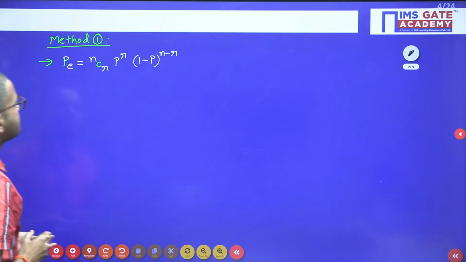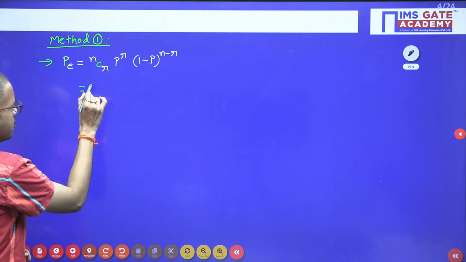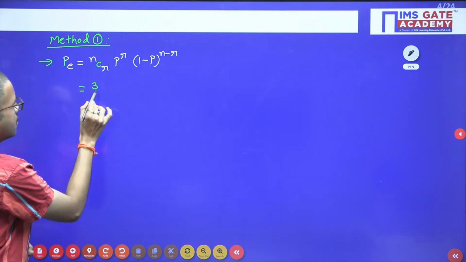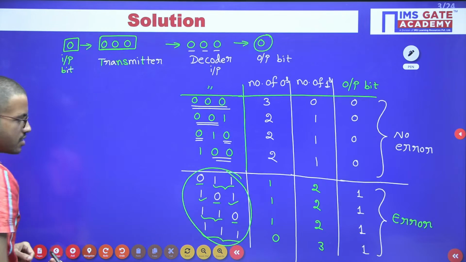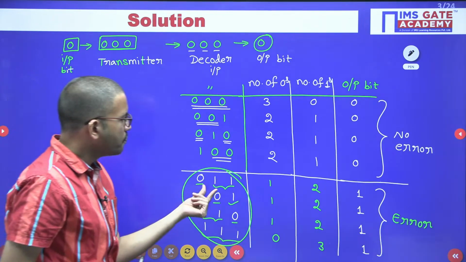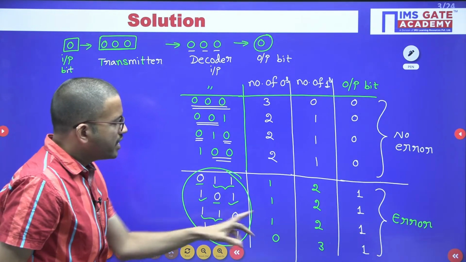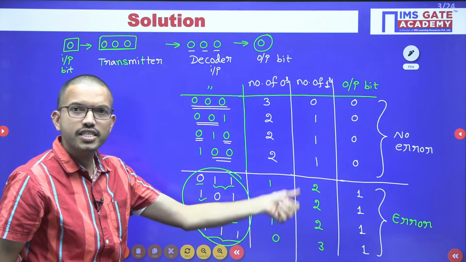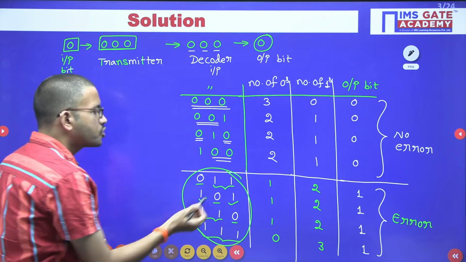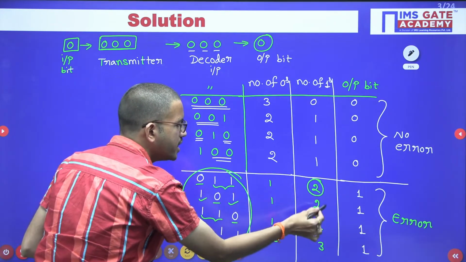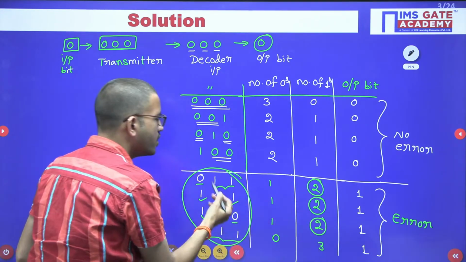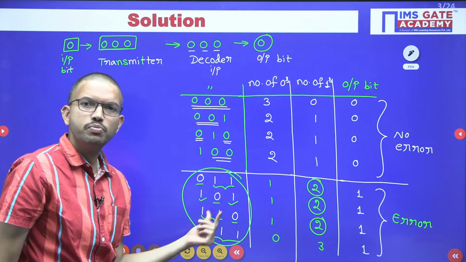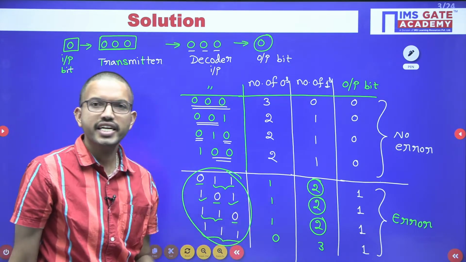So here the total number of bits is 3, so n equals 3. Out of 3 bits, you are going to get output as 1 because the number of ones is the majority. The moment any 2 bits out of 3 are 1, you are going to get output as 1.